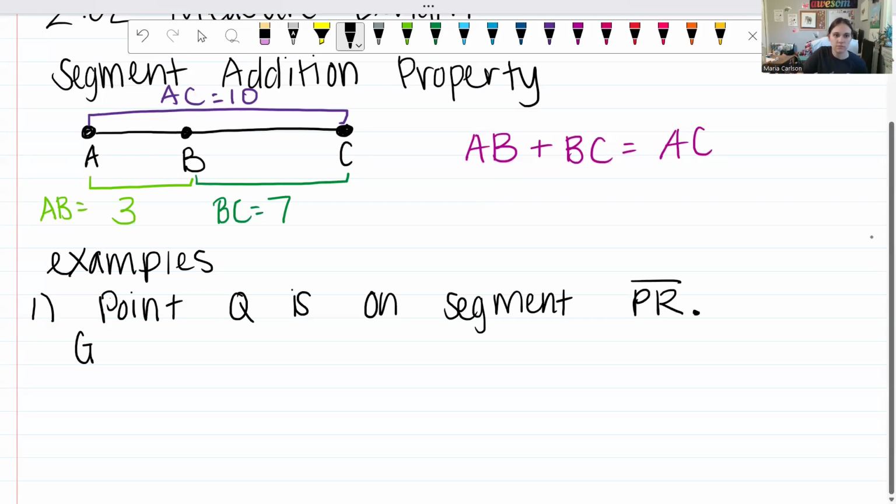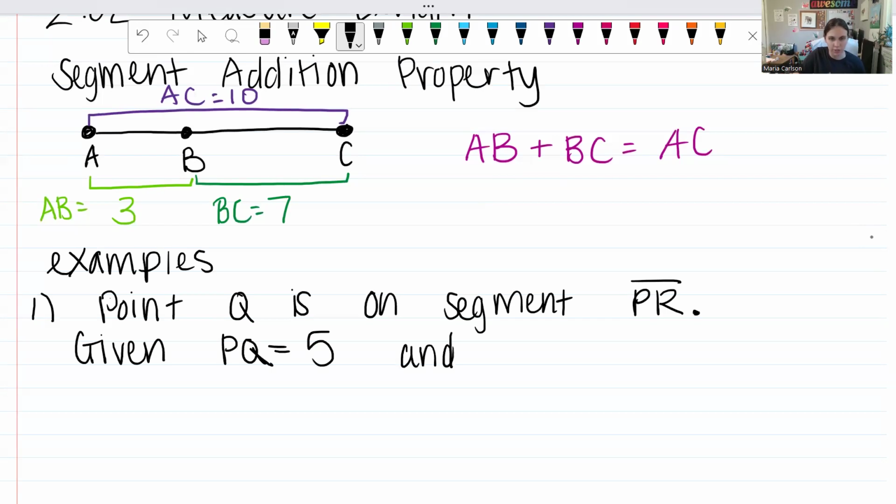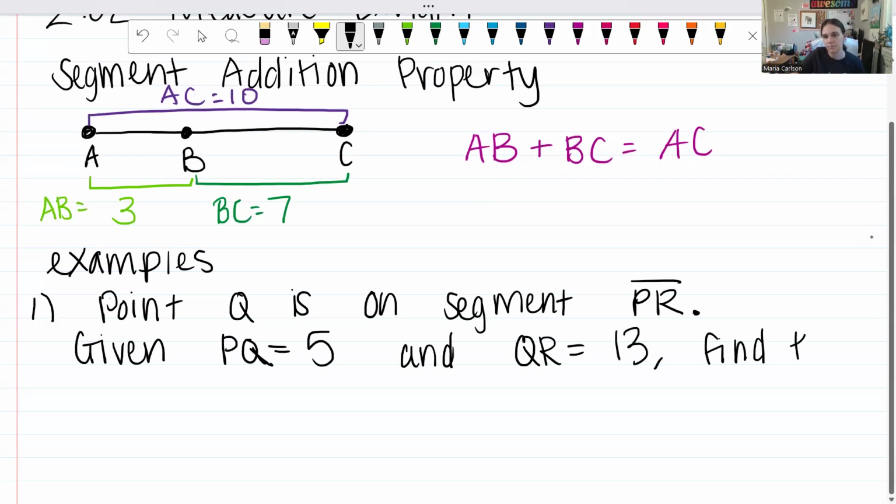Given PQ, so the measure of PQ is 5, and the measure of QR, so QR is equal to 13, find the length of PR, of segment PR.